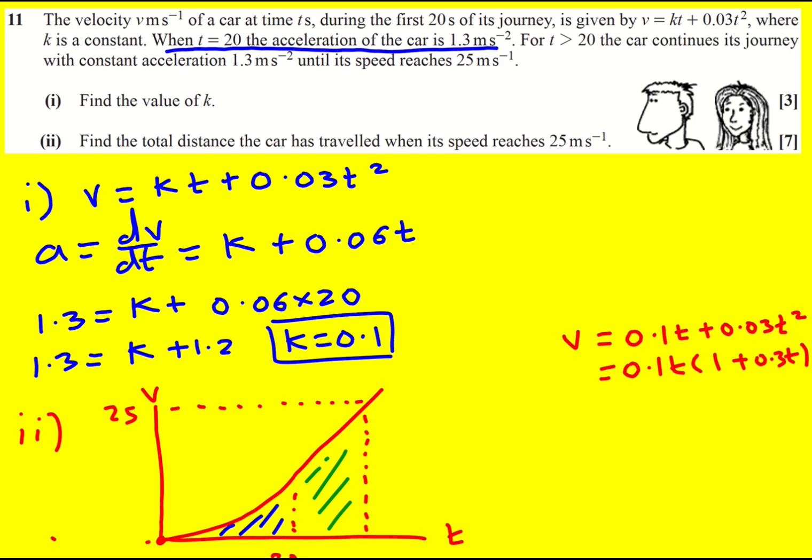Right. Well, let's look first of all at 0 to 20. At t equals 20, s, the distance or displacement, the same thing in this case, is going to be the integral from 0 to 20 of the velocity.